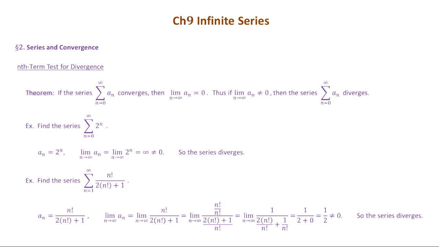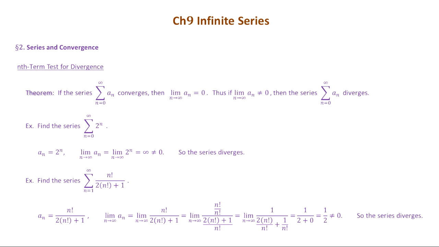Let's do another example. Find the series of n! over 2 times (n+1)!, starting from n = 1 to infinity. Did we talk about n factorial before? Yes, I think so. N factorial is defined as the product of all the numbers up to n starting from 1.